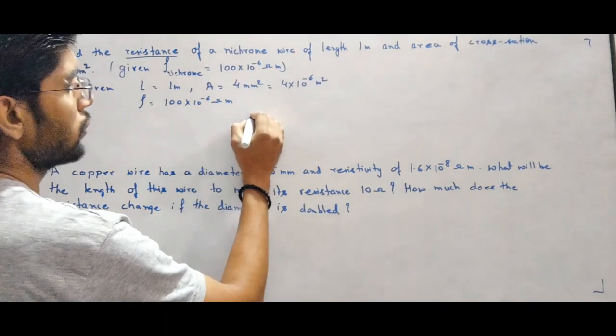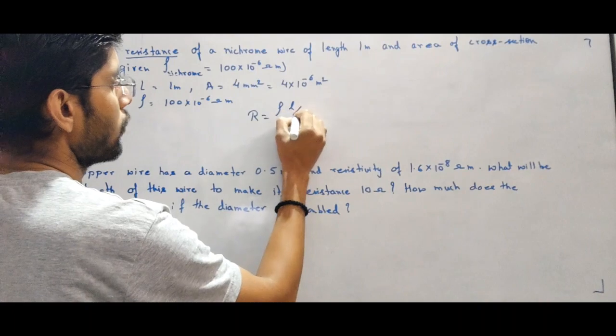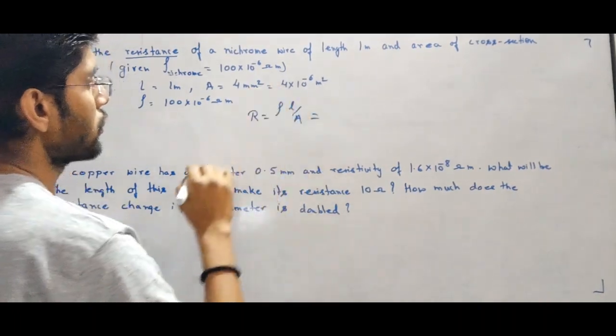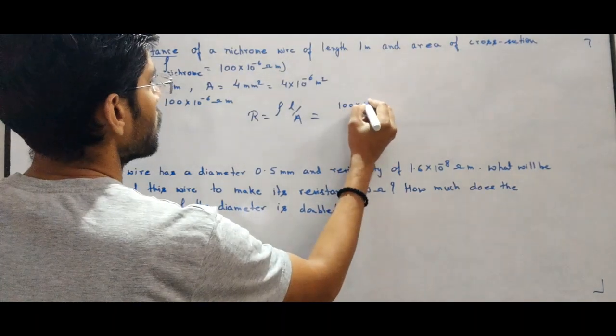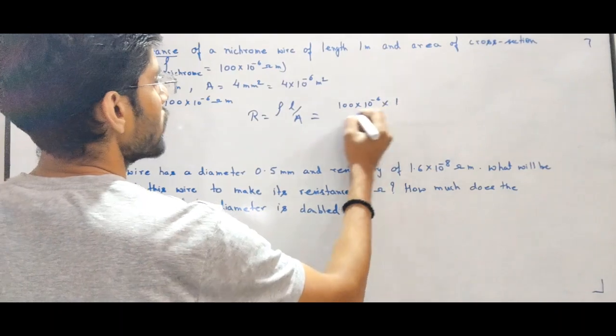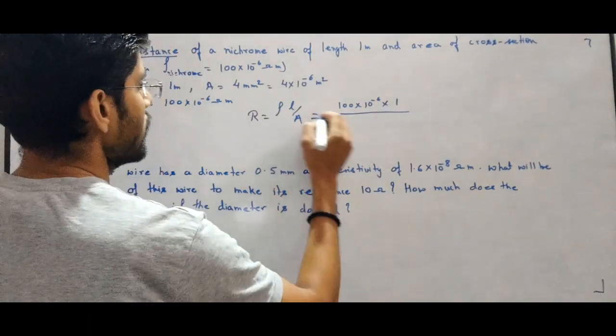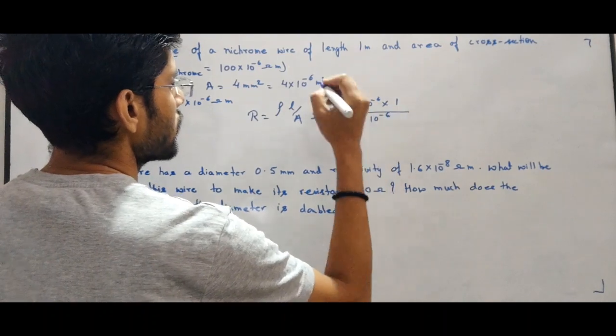Now what do you know? What is the formula? R is equal to rho L by A. So substitute the value. For rho it is 100 into 10 to the power minus 6, into length is 1 meter, and by area of cross section is 4 into 10 to the power minus 6.